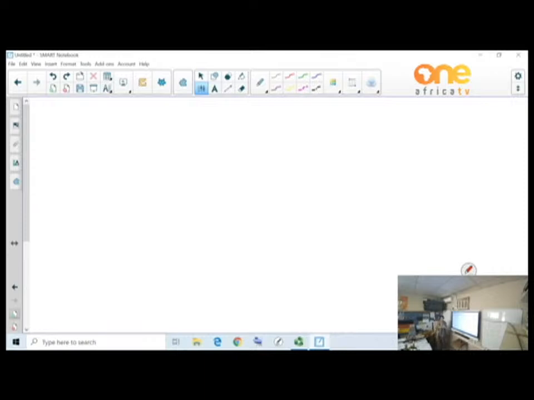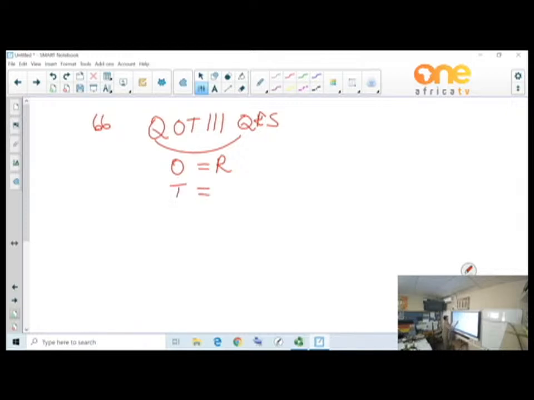Give reasons, explain why triangle QOT is similar to triangle QRS. So why will they be similar? You have to look at that. You always have to show Q is equal to Q, O is equal to R. This is corresponding, and T is equal to S is equal to 90 degrees.